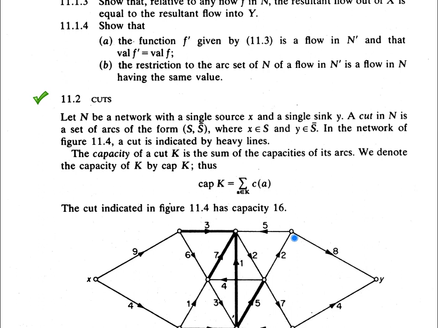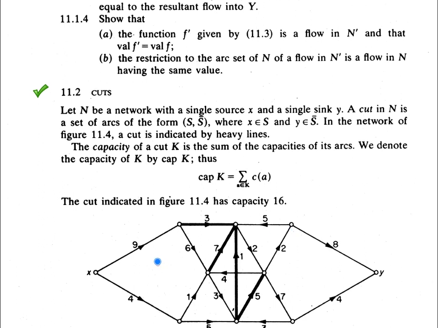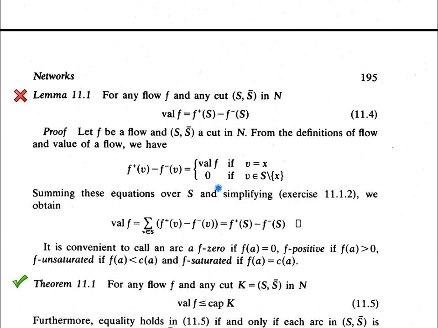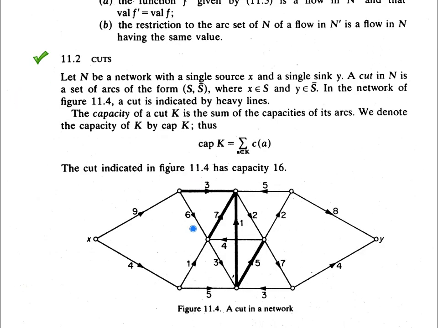What's the generalization of this? A cut, an edge cut. In this case, we have to consider the directions of the arcs. So you pick a set of vertices S, its complement S bar, and you consider the arcs going from vertices of S to vertices of S bar, like in this case.